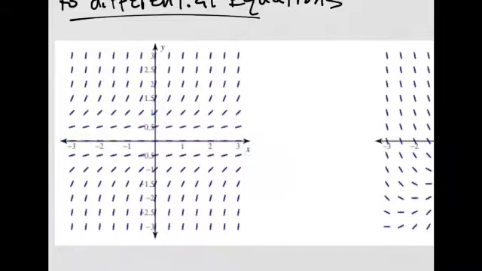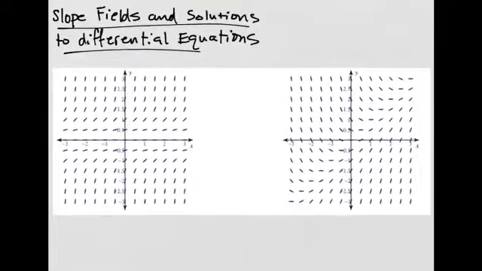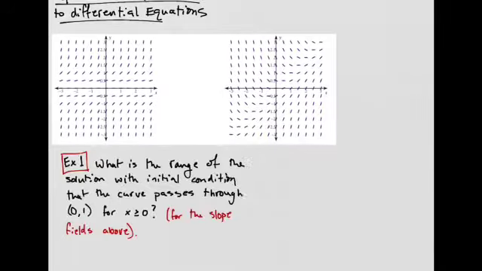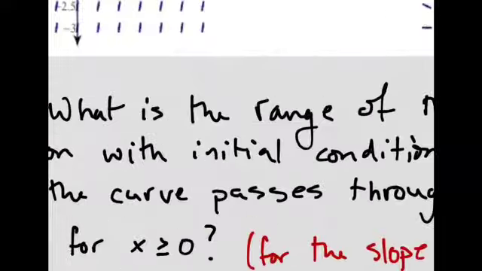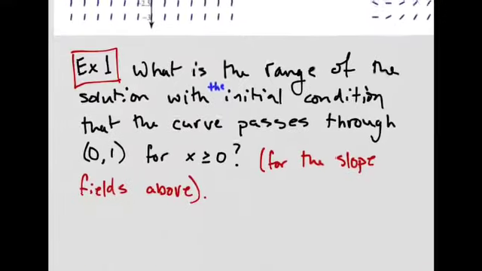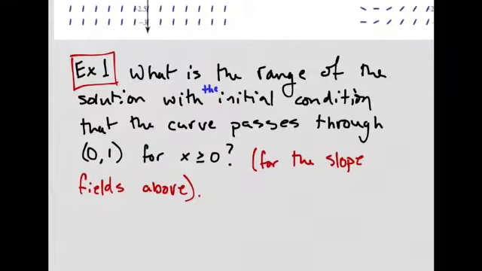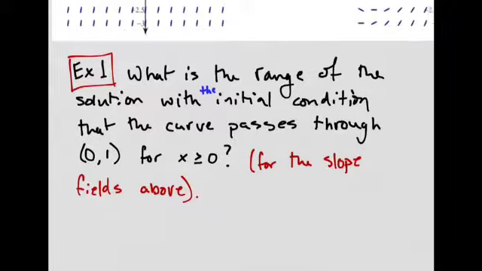So if I were to ask, well, let's write it down: what is the range of the solution with the initial condition that the curve passes through (0, 1), just like I was saying, for x greater than or equal to 0? So I'm thinking of a range of some solution, and it's for the slope field above.